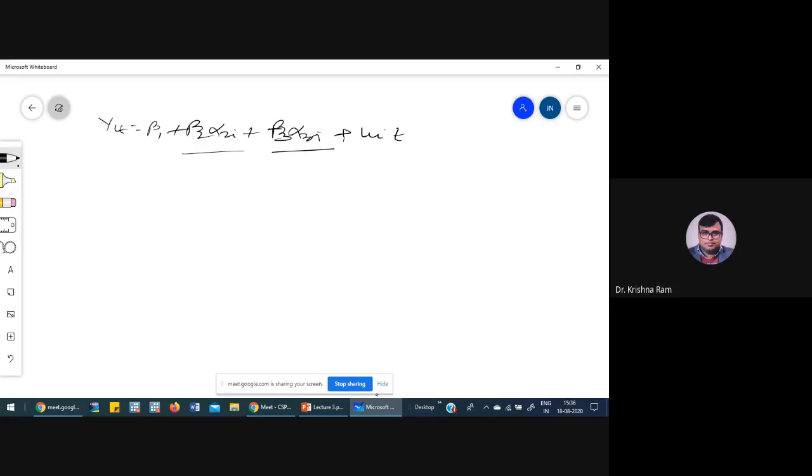Here you have two explanatory variables, x2 and x3. We may assume both are continuous variables, or one is a dummy variable and one is continuous, but of course these are not cross-sectional dummy variables.